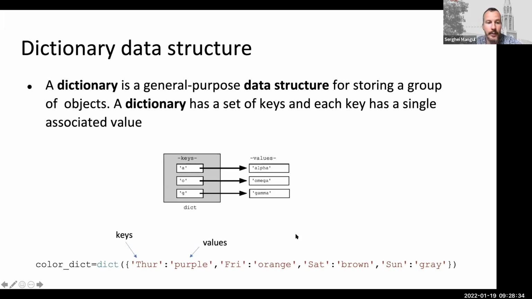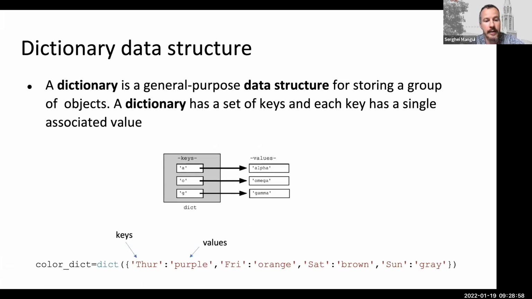That's a dictionary: keys and values. This is how we define the dictionary. First of all, we need to give it a name, and the name can be anything, because that's a variable. We say color underscore dictionary. That's our name, equal to, and now we define it in the following way, which should be strictly followed, because that's the syntax of Python.